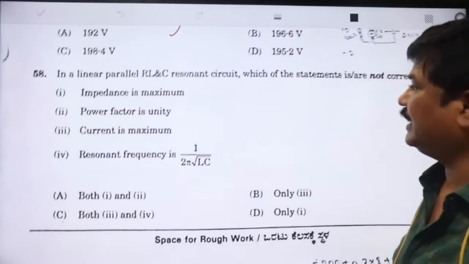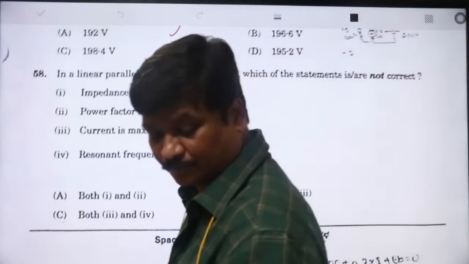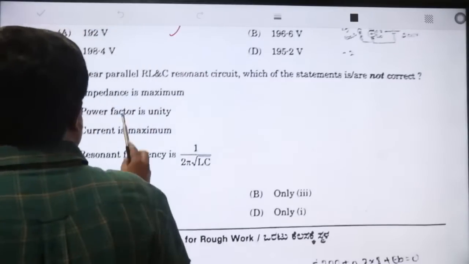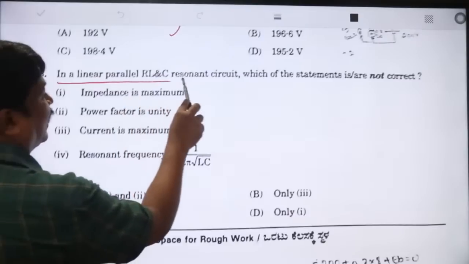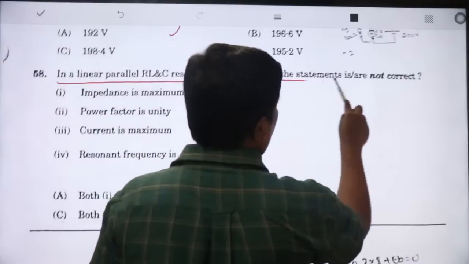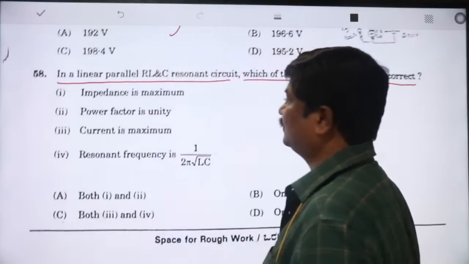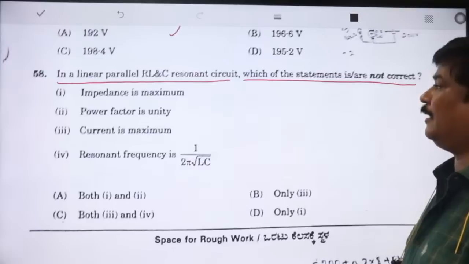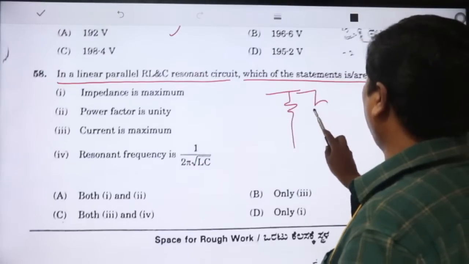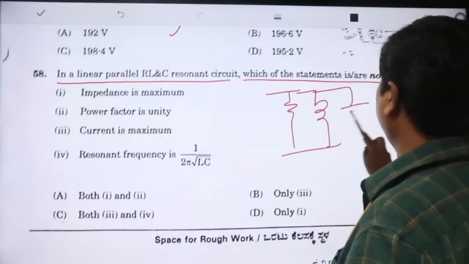Now see here, it belongs to a networks question. In a linear parallel RLC resonant circuit, which of the following statements is not correct? A linear parallel RLC circuit, when you have a resistance here, inductance here, and a capacitance here.